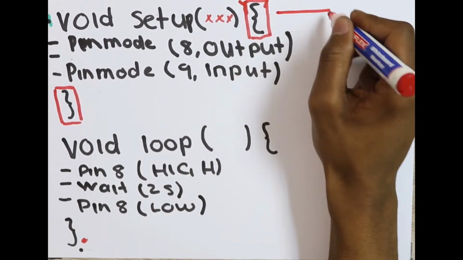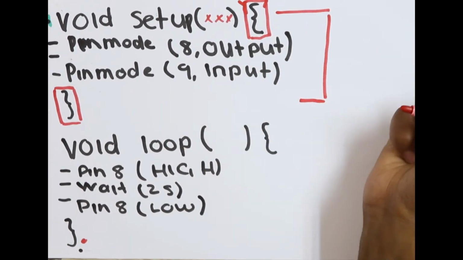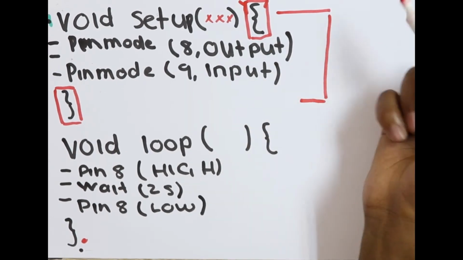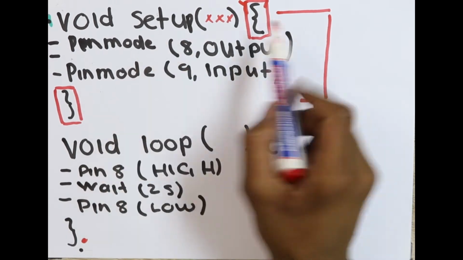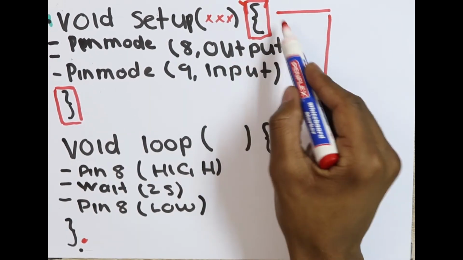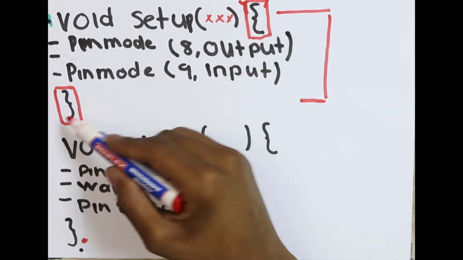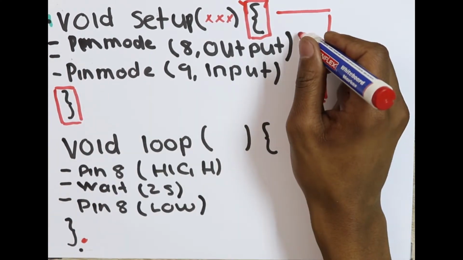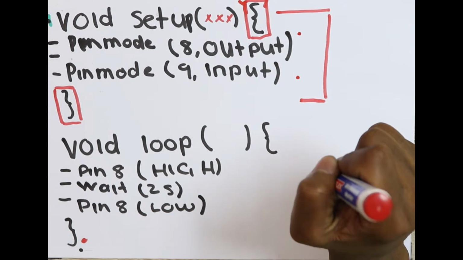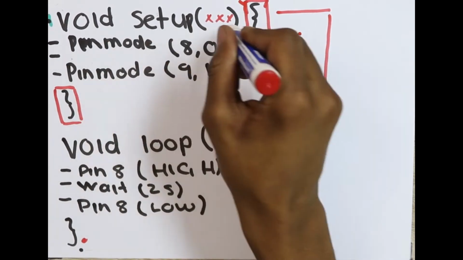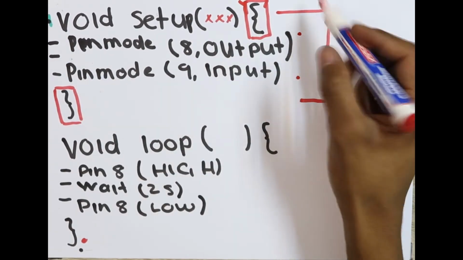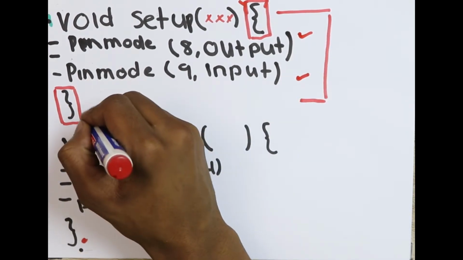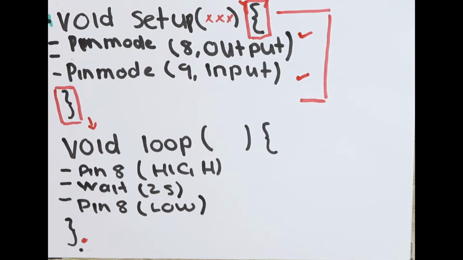So these two are linked. I hope that it makes sense. So this is the syntax part of it. When it sees this, it expects these brackets, and then it knows that anything within these two brackets is related to my setup function. So it knows that, okay, I'm going to come in here, read this, do whatever is in here, and then afterwards, I'm going to move on to the next part of the code.